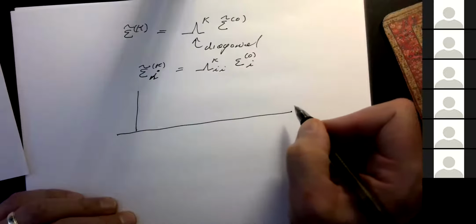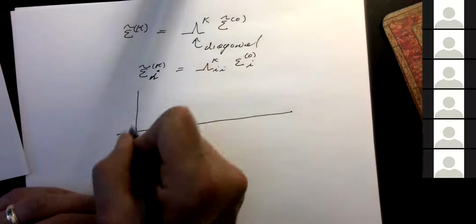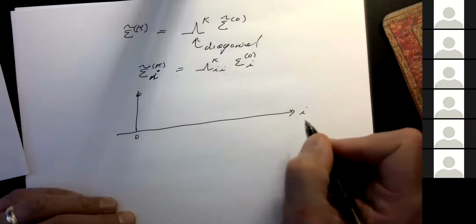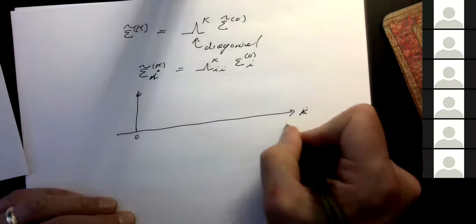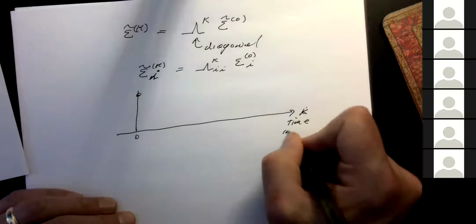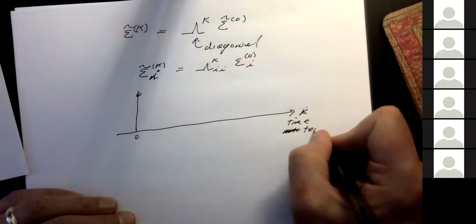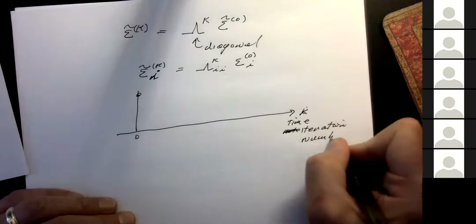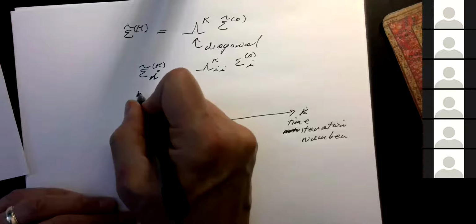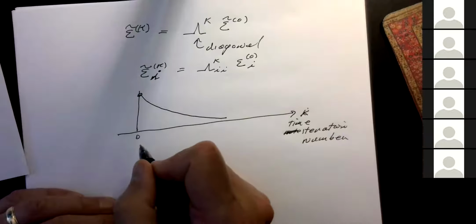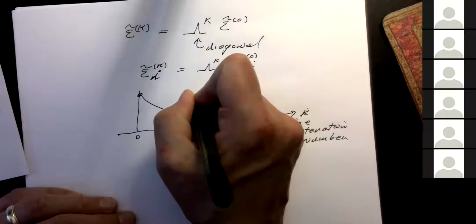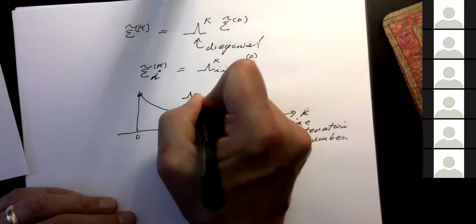So each component, where k is the time, the iteration number, decays, hopefully, exponentially in k.